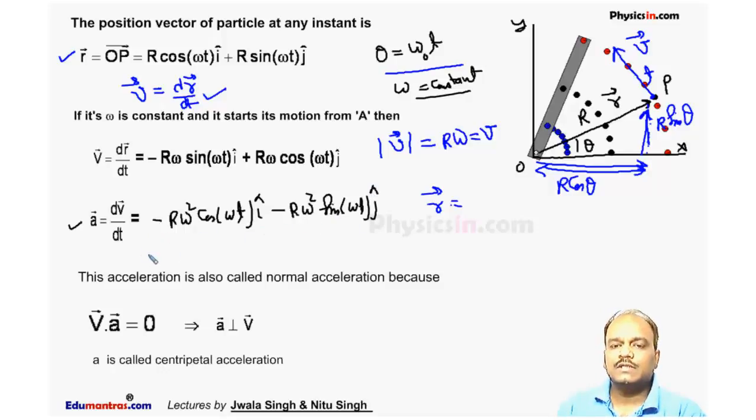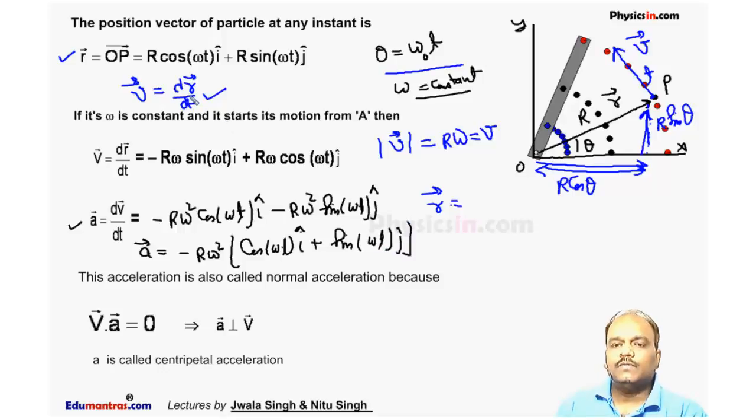Now this acceleration can also be written as a equal to minus r omega square into cos omega t i cap plus sin omega t j cap.